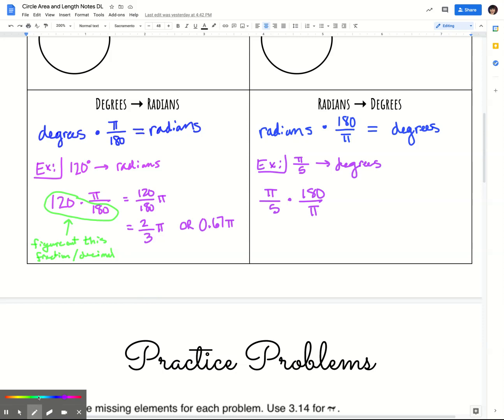Now, because you have a pi in the numerator and a pi in the denominator, which will always happen because radians are written in terms of pi, they always have a pi in them. The pi will cancel each other out every single time. So all you really have to do is divide these.